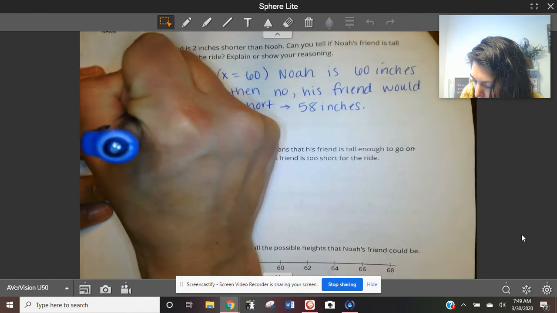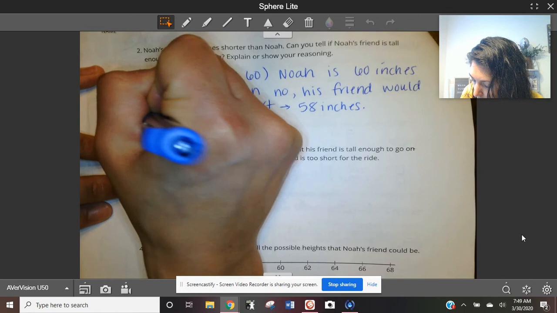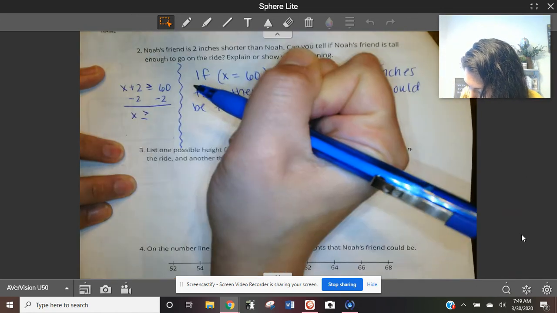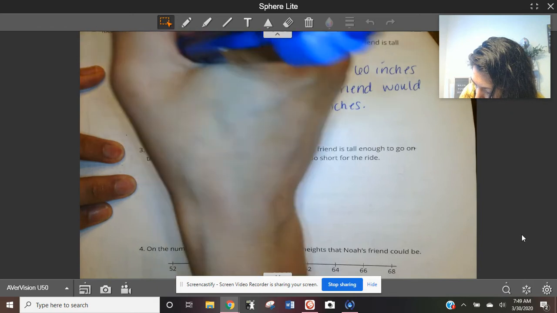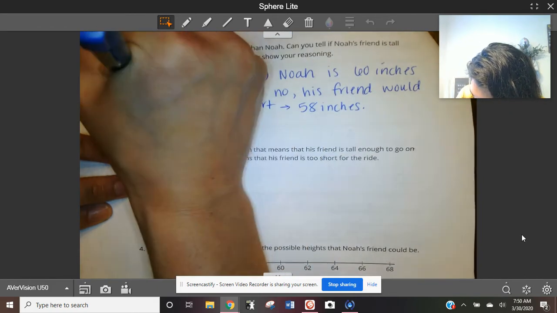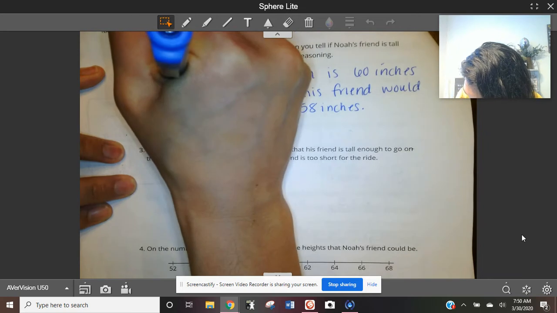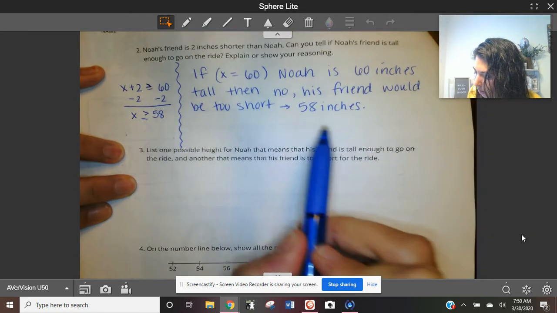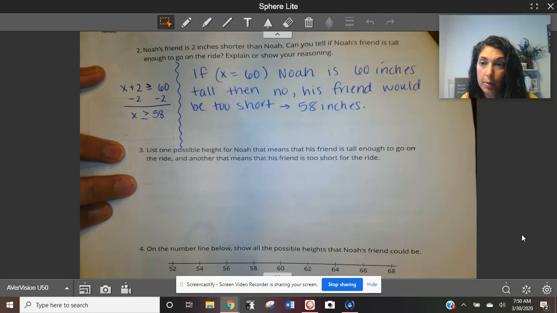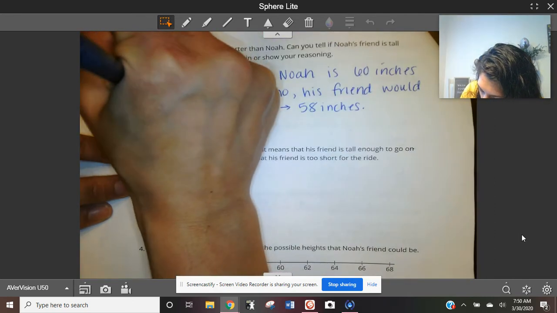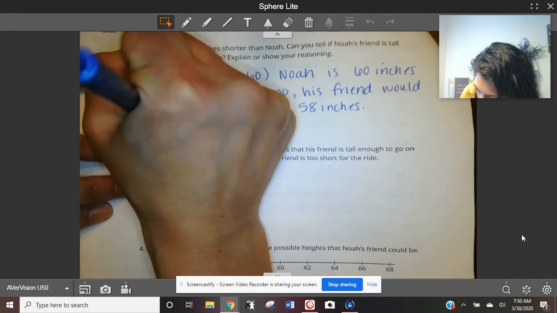This is just kind of introducing this idea to you, okay? We need this side to be plus 2, okay? So see 58 inches. So he would be too short. Okay, so just showing you guys that. Okay, let me get that out of the way.